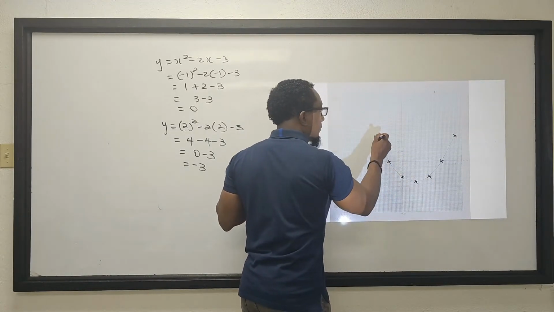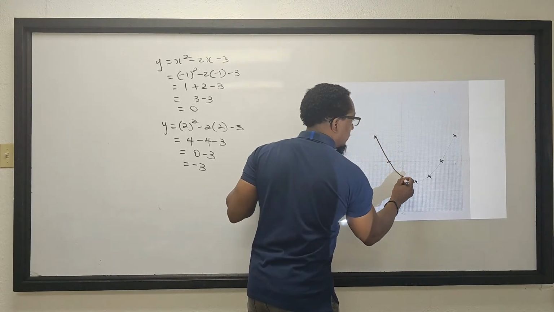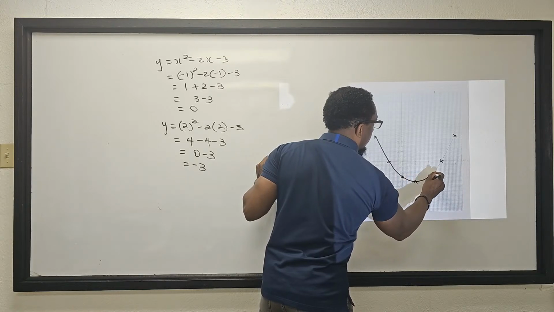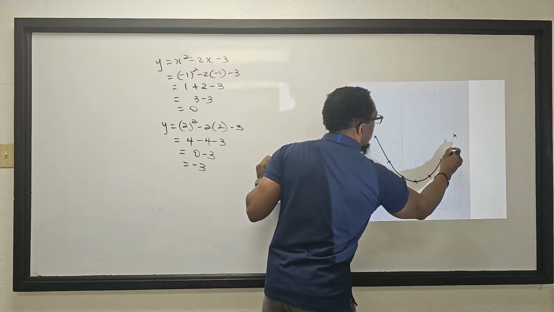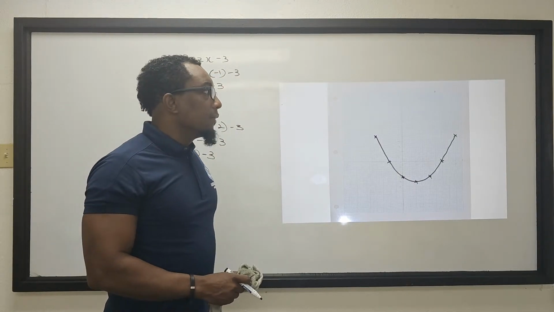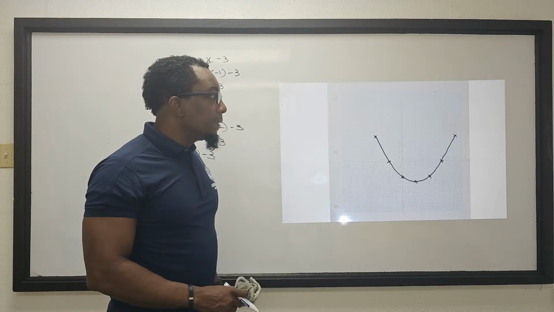This is our smooth curve. Alright? So that is what we're going to get when we plot those points on the graph page.